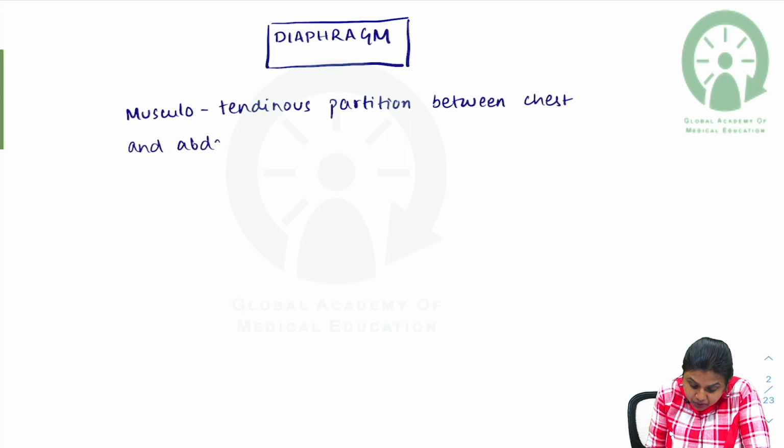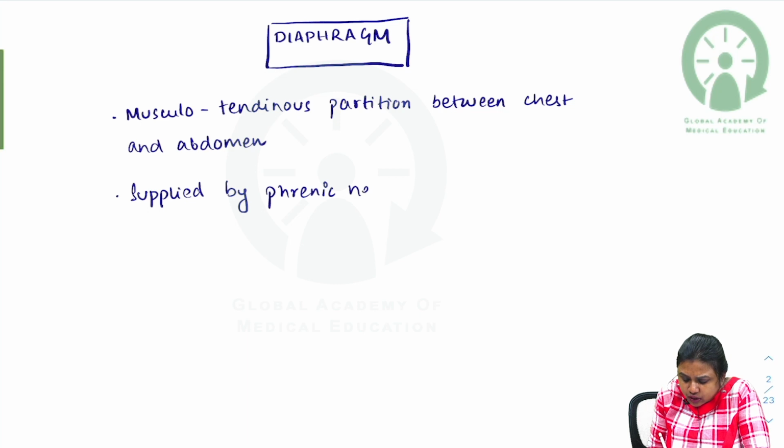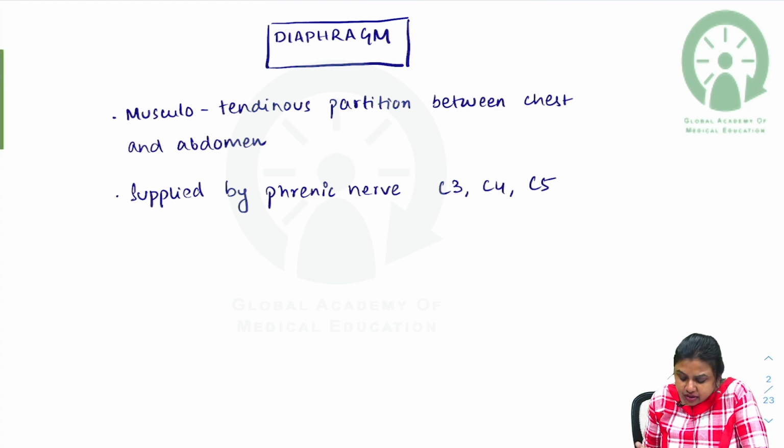It is supplied by phrenic nerve. What is the root value? Again, very frequently asked in exam. C3, C4 and C5. Right?